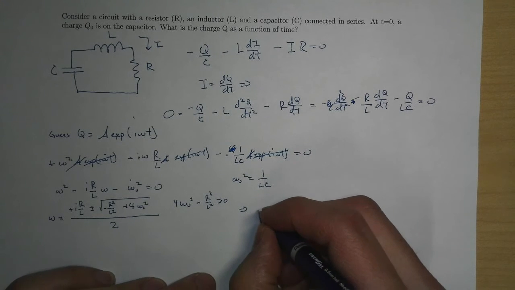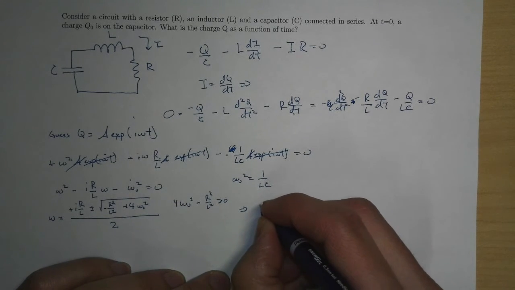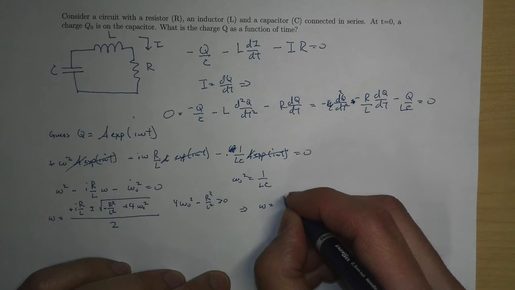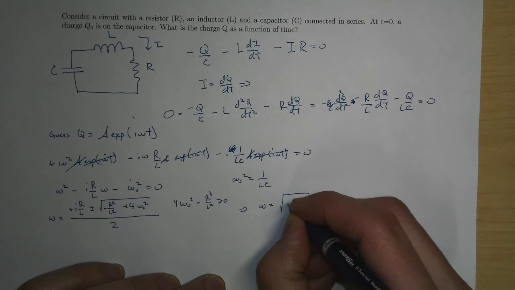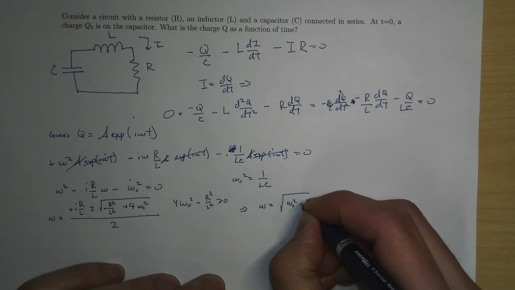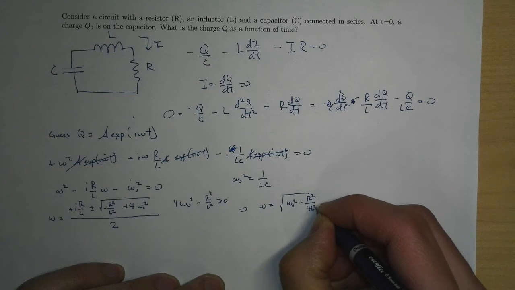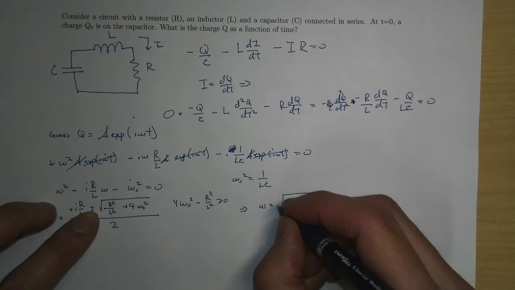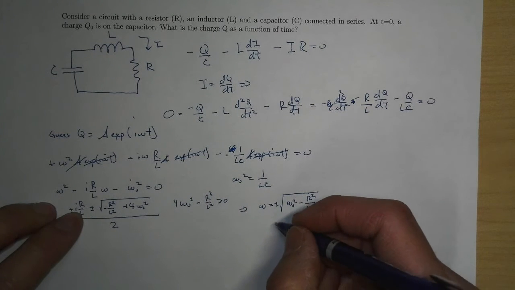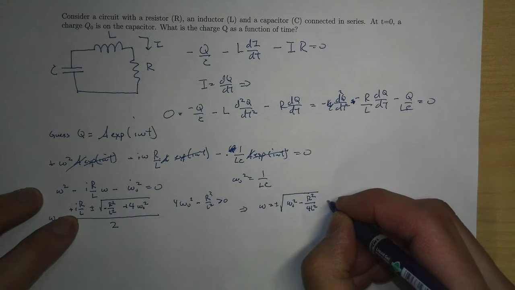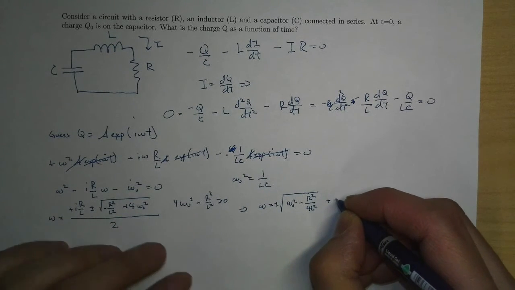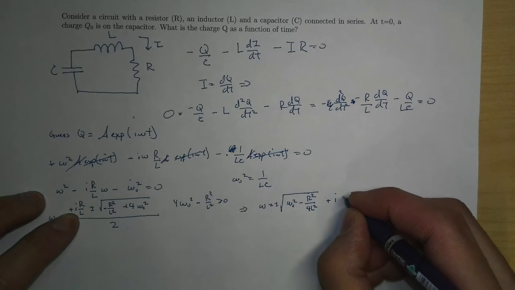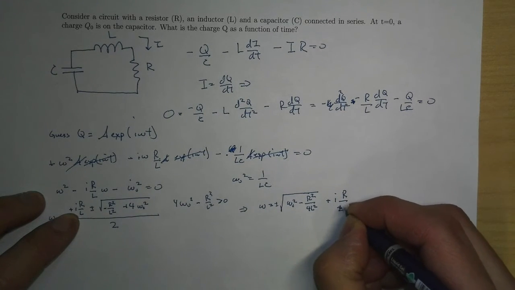What you end up getting is that omega is equal to, putting the 2 in there to make it clearer, the square root of omega naught squared minus R squared over 4L squared, where plus or minus signifies there are 2 possible phases, plus I R over 2L.